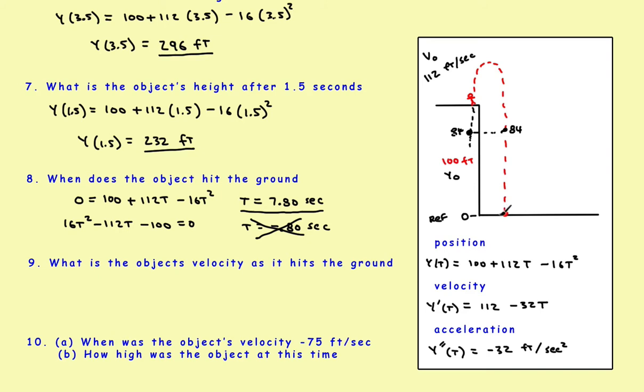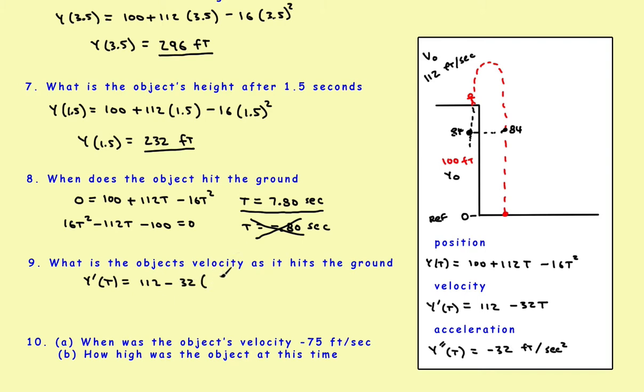And again, it wants to know about velocity, so you're going to use the velocity equation. And the thing is, it hits the ground 7.8 seconds after you throw it. So to find the object's velocity before it hits the ground, take the 7.80 seconds and plug it into the velocity equation. So the velocity, y prime, would be equal to 112 minus 32t.